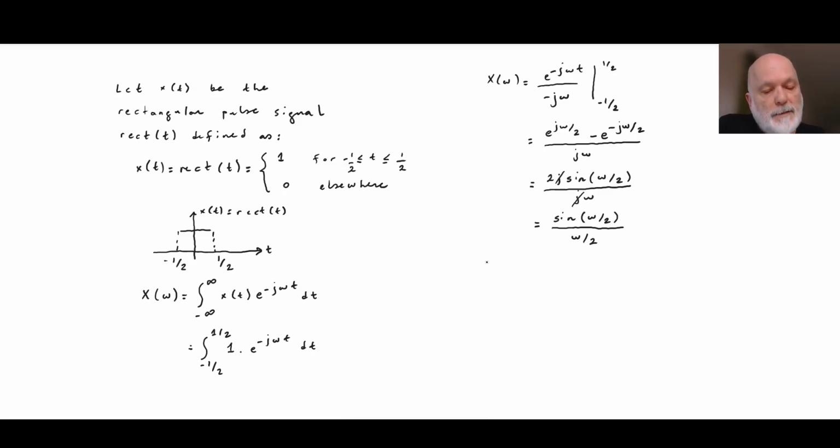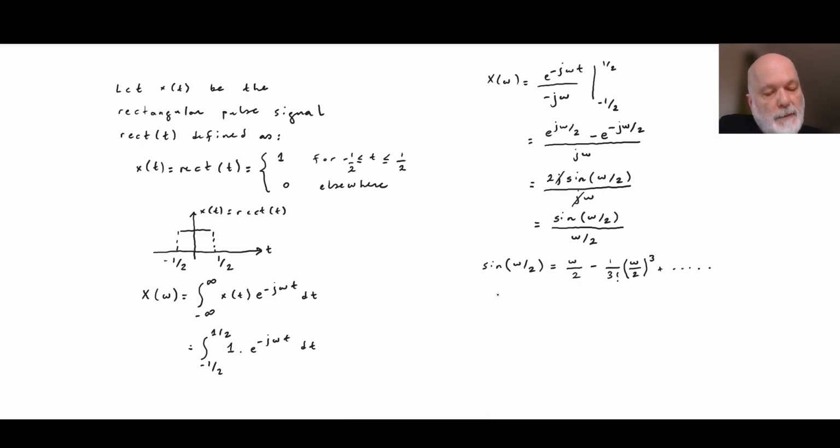So sine omega over 2 can be expressed in terms of the Taylor series: omega over 2 minus 1 over 3 factorial omega over 2 raised to the power 3, etc. We have the higher order terms.